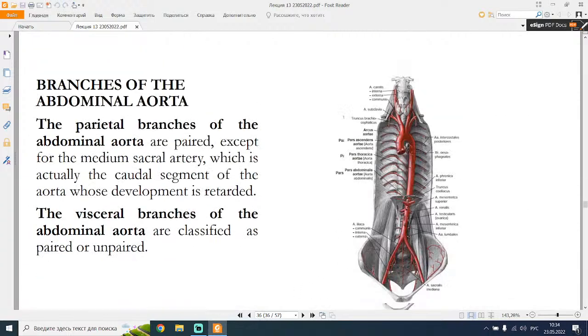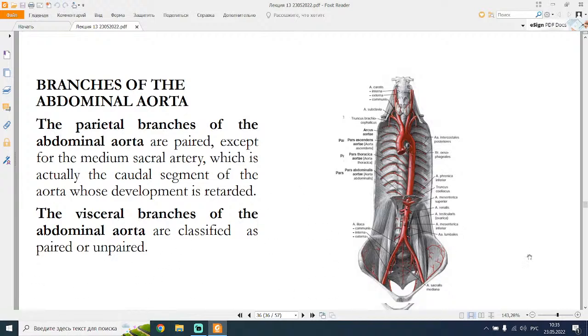Next, branches of the abdominal aorta. The parietal branches of the abdominal aorta are part, except for the medial sacral artery, which is actually the caudal segment of the aorta whose development is retarded.